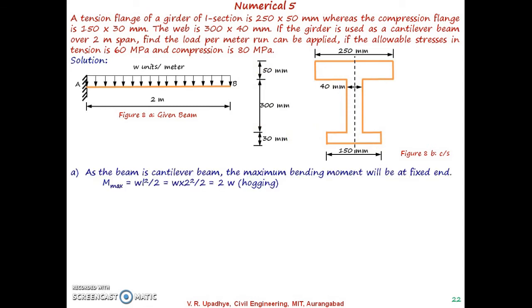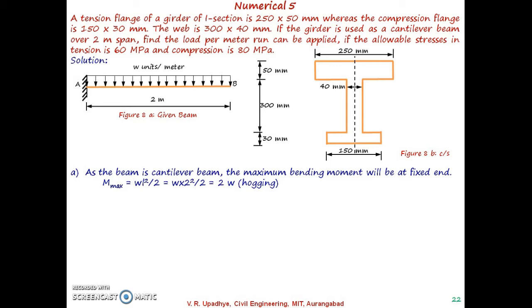Now again, if it is a cantilever beam, the maximum bending moment will be at the fixed end, that we have discussed earlier. And if it is UDL throughout, then the total load due to UDL over span L will be WL, and its centroid will be at L by 2. So the total bending moment becomes WL square divided by 2.